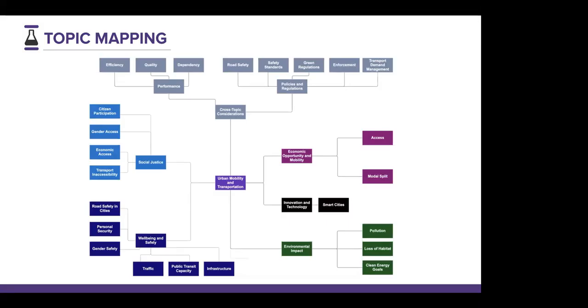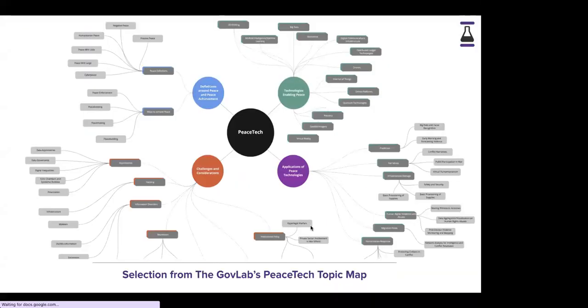Or on the environmental impact of transportation? Or on the policies and regulations that currently exist and that need to be changed? By spelling this out, you see that when we just talk about urban mobility, there are multiple topics associated with it, and it's important to clarify which topic you are actually focusing on, because that will inform what question you need to seek as well.